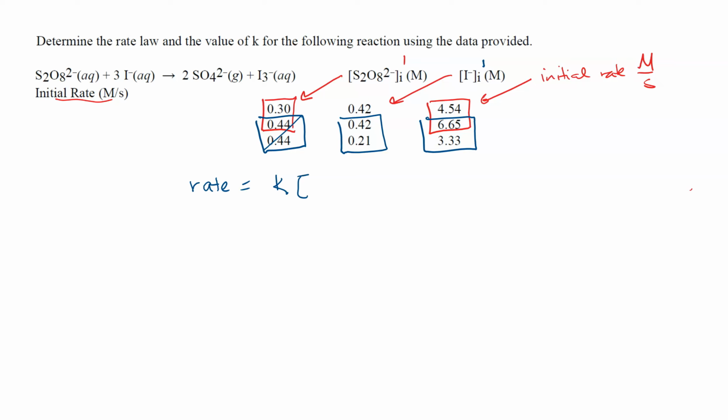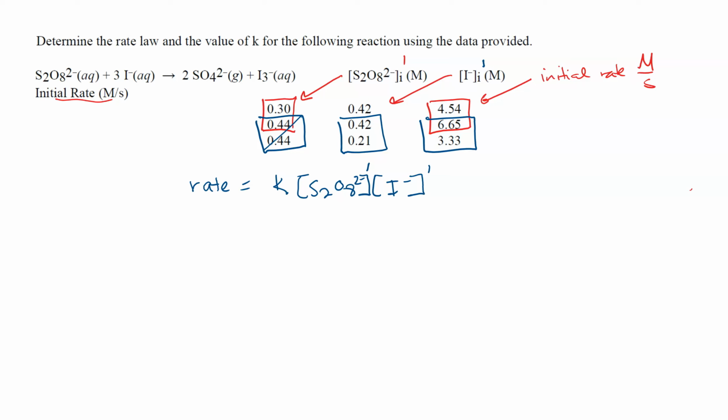And in this particular case, S2O8 2- to the first power, which I could just leave. You don't need to draw this in, but I'm going to write it in just for clarity's sake. Iodide also to the first power.